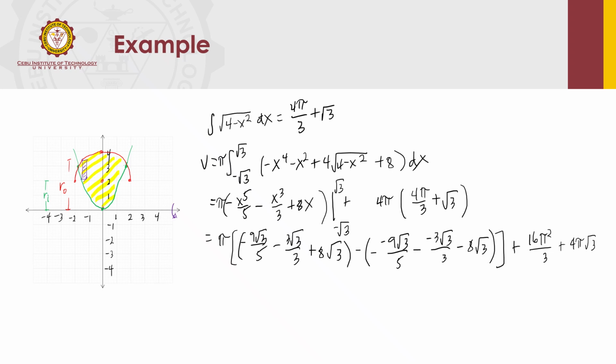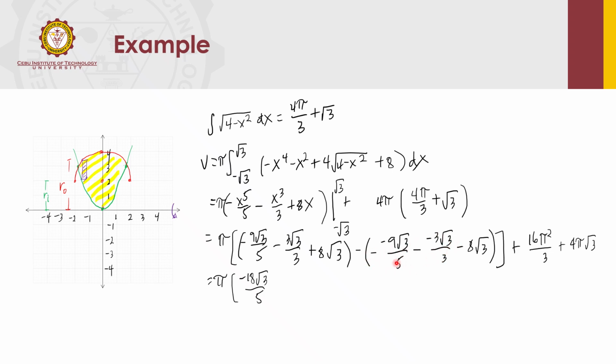So that's pi times negative 9 plus negative 9. That's negative 18 square root of 3 over 5. This is 1 square root of 3, negative 1 square root of 3 minus another 1 square root of 3.